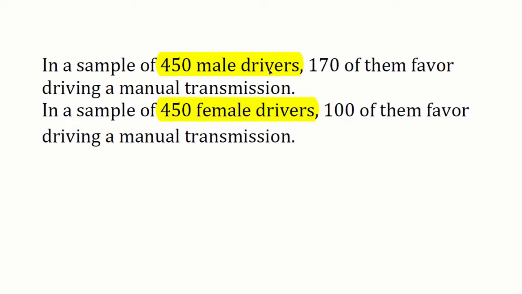So this sample comes out from population 1. And here's the thing, this 450 is the size of how big our sample is from that population 1.